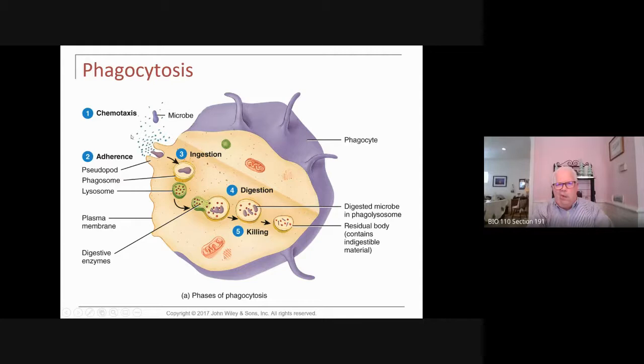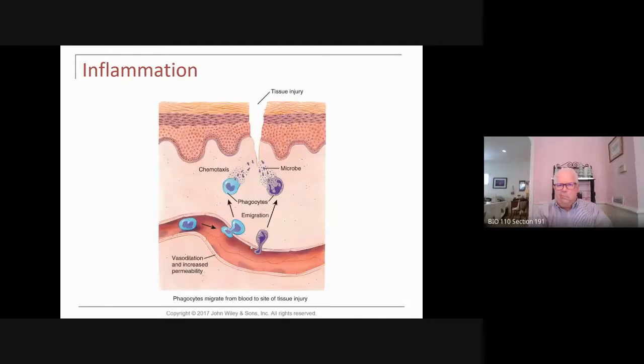But the important things are 1, chemotaxis, 2, adherence, 3, ingestion, 4, digestion, and 5, killing. So that's phagocytosis, done by neutrophils and monocytes. It's the same thing. Here it is. Your tissue gets injured, bacteria comes in, it sends a signal out to the phagocytes, and it destroys this microbe by the 5 phases.